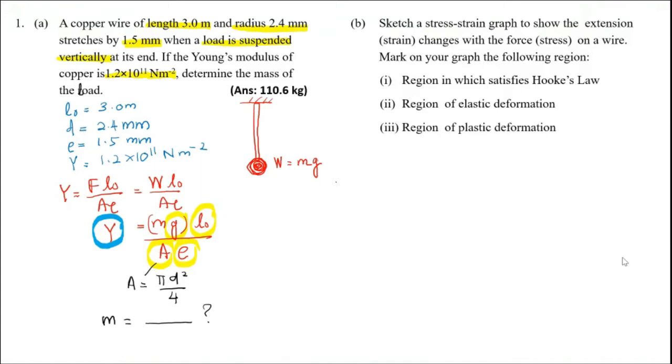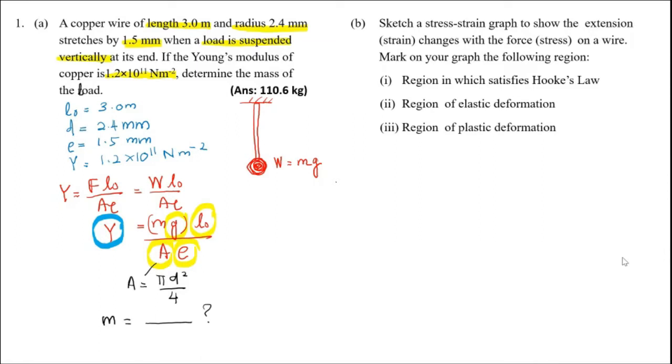For part B, question number 1, sketch the stress strain graph to show the extension change with the force on a wire, and then mark on the graph the following regions.